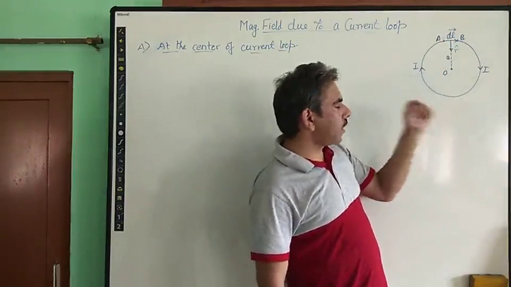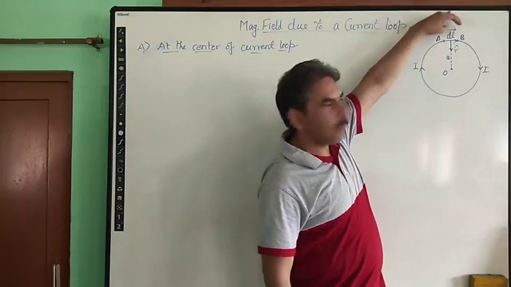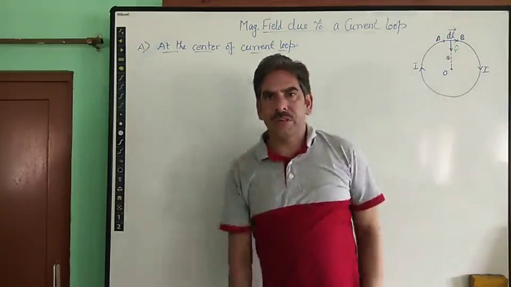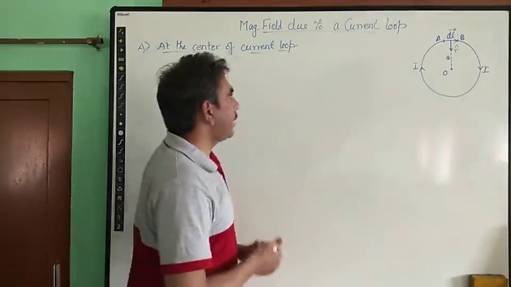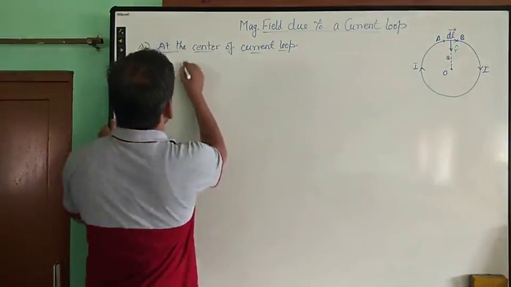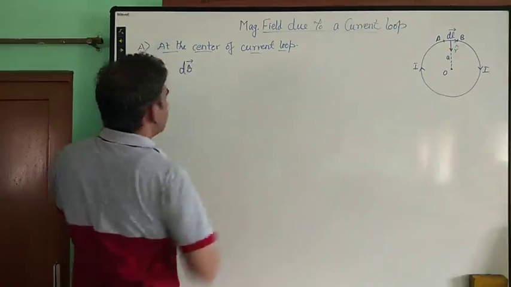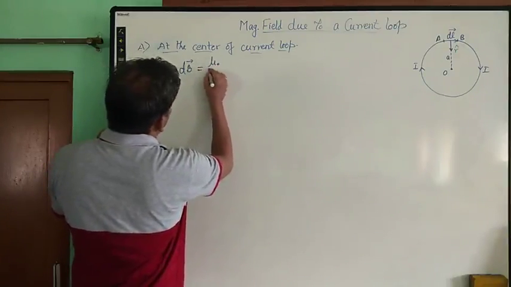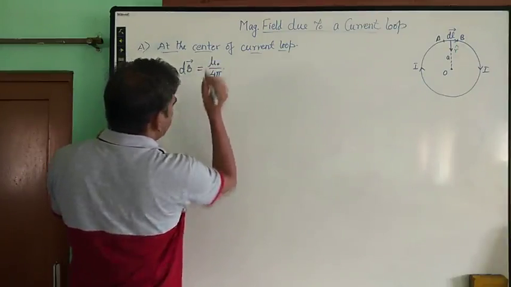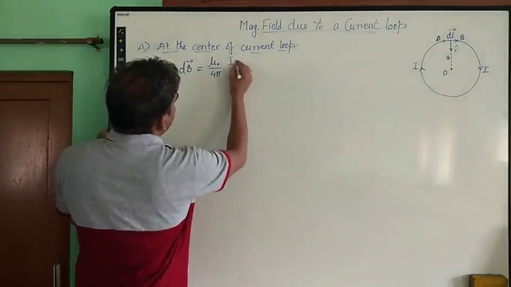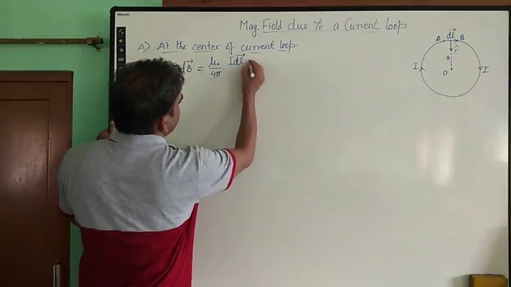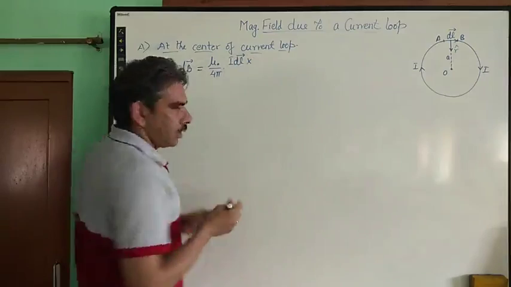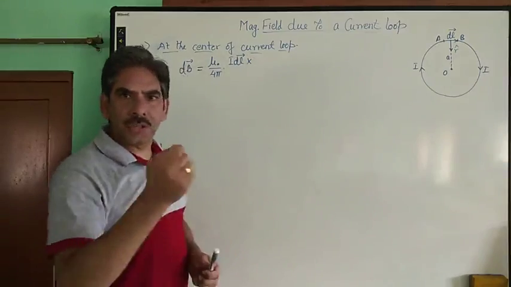We have taken only a very small section of this loop, AB, which is of length dl. We write the expression for the magnetic field due to this length element at the center. The Biot-Savart law says that dB is equal to mu naught upon 4 pi, which is a constant, into I dl, the current element, multiplied by the cross product of the unit vector along the direction of the observation point.